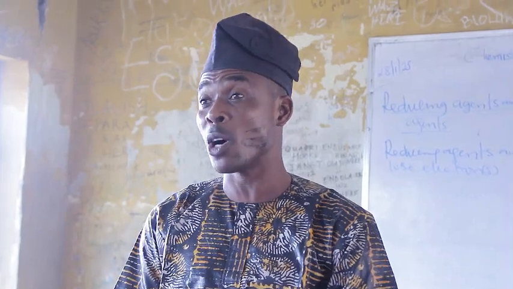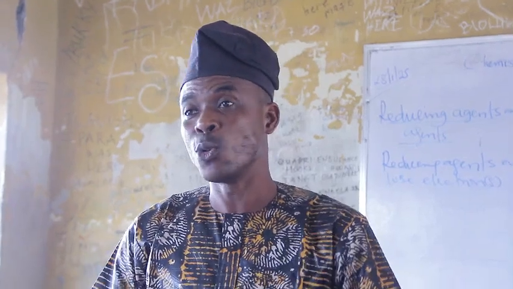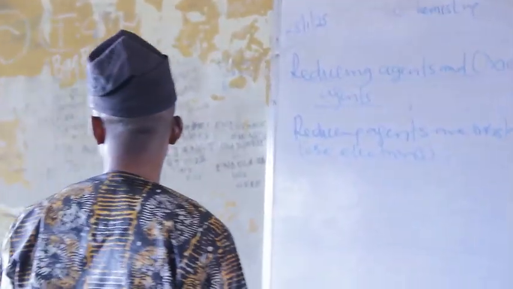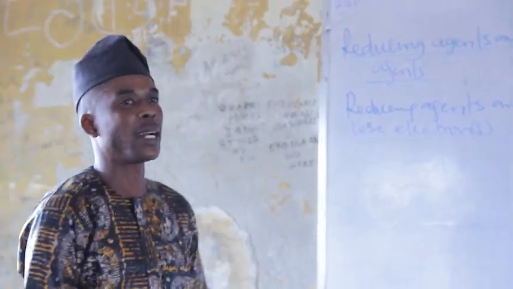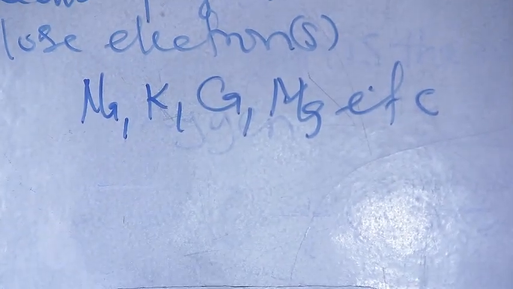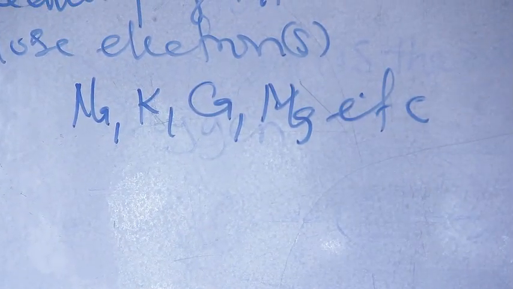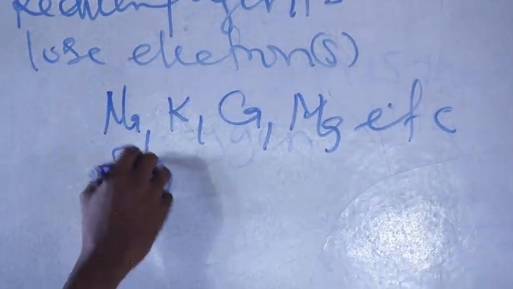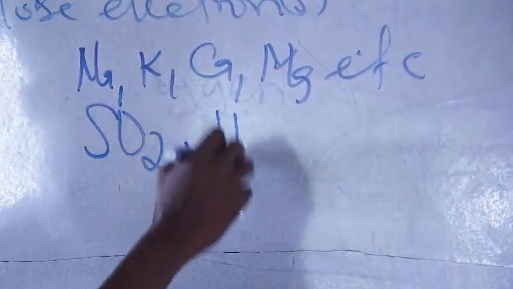Is sodium not ionized by loss of electron? Is potassium not ionized by loss of electron? So examples are metals. They are reducing agents. We have some gases like sulfur dioxide as a reducing agent. We have hydrogen sulfide, a reducing agent.